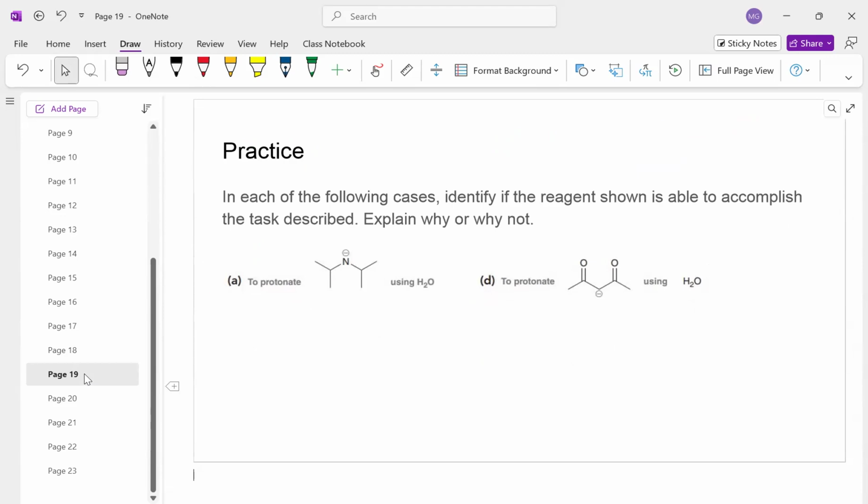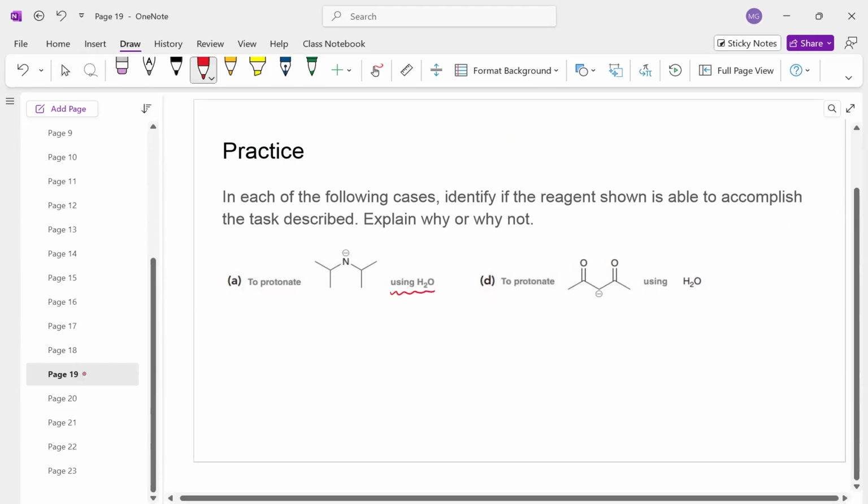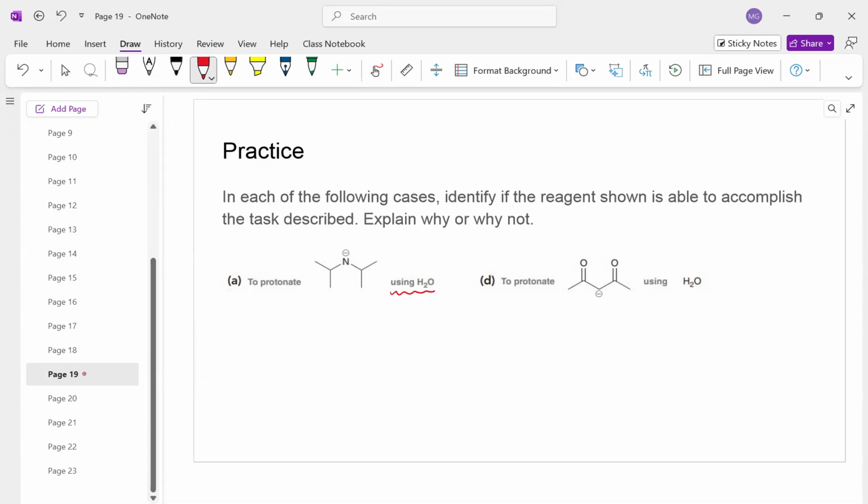In these first couple of questions, they're basically asking us, will water protonate this anion? So in order to really figure this out, let's draw the acid-base reaction of water protonating this ion.